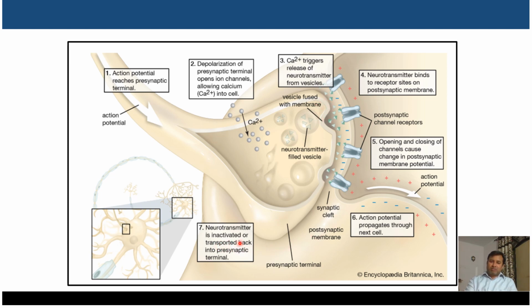So the last step is that the neurotransmitter is either inactivated or transported back into the presynaptic terminal. In this way, the impulse propagates from one neuron to another neuron in the form of chemicals. So it is called synapse process or chemical synapse.